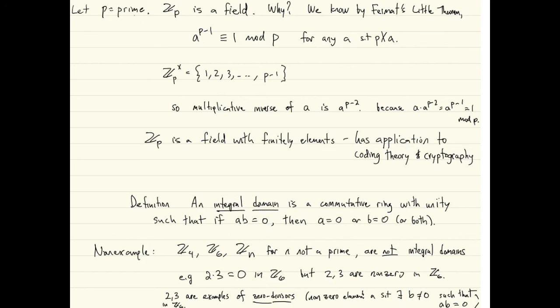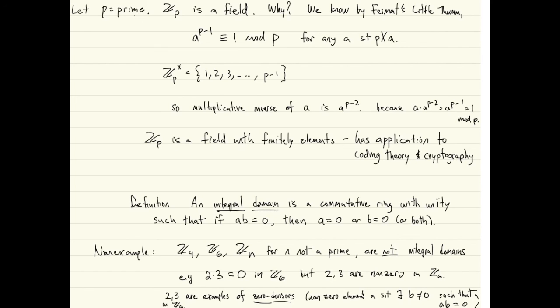So for example, in Z4 or Z6 or Zn for any n that's not a prime, these are not integral domains because 2 times 3 equals 0 in Z6, because 2 times 3 equals 6, and 6 is the same as 0 in mod 6 land. But 2 and 3 are not 0. So here's a situation where you have two things multiplying to 0, but neither one of them is 0.